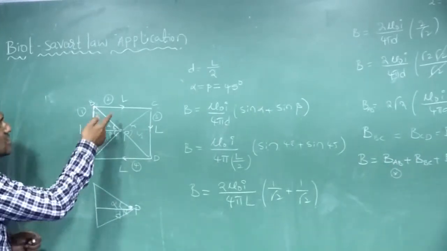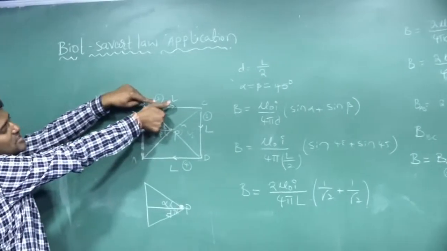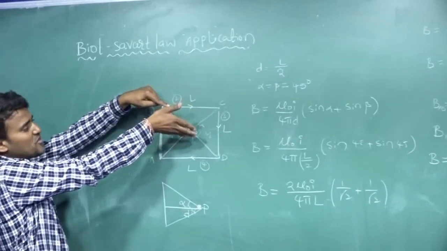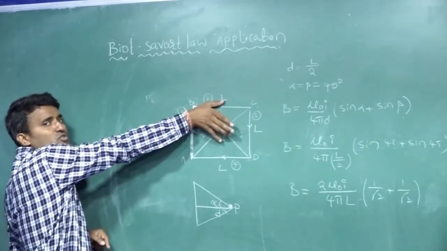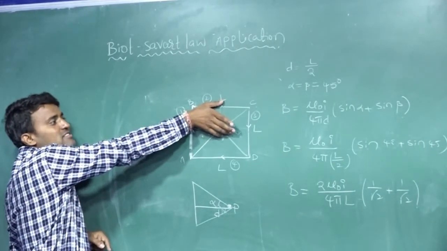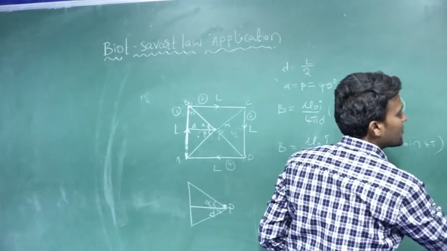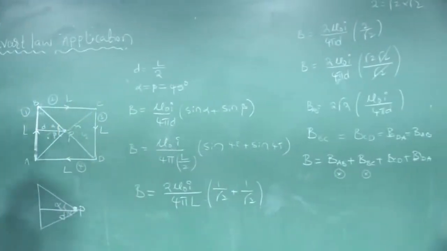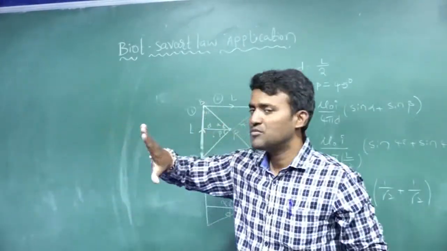Next one, due to the BC, again the thumb we place in the current direction and the tips of the fingers we place at P. Now, is it inside or outside? The magnetic field is again inside, so due to the BC also it is inside. Next one, due to the CD, we again apply the right hand thumb rule.